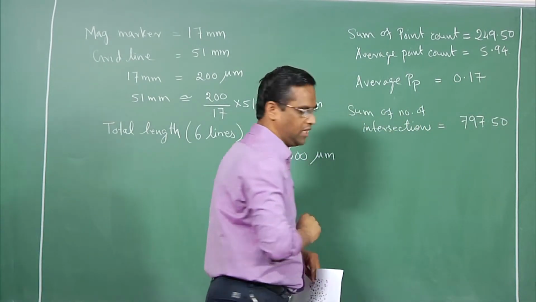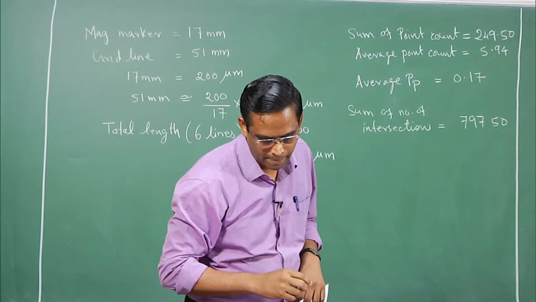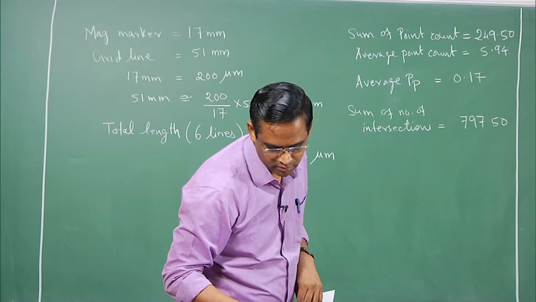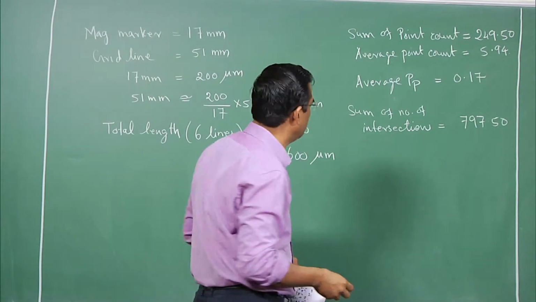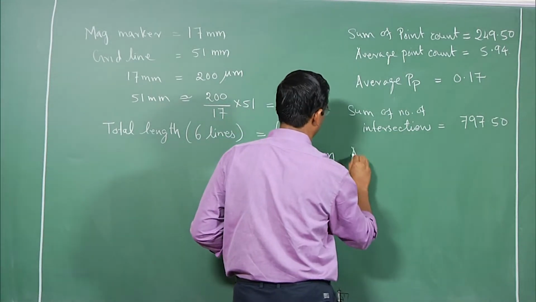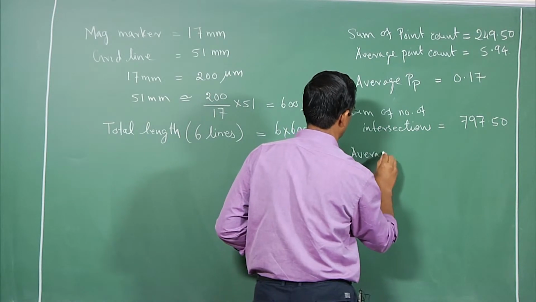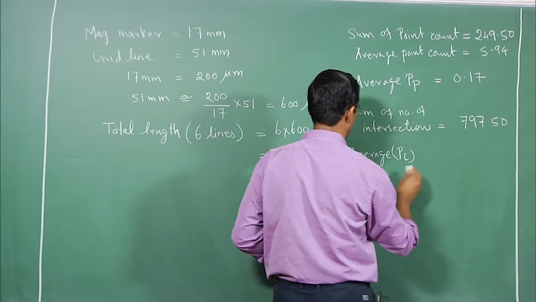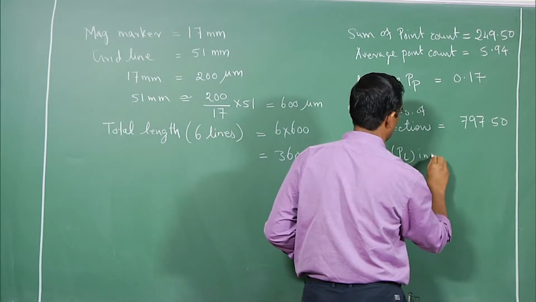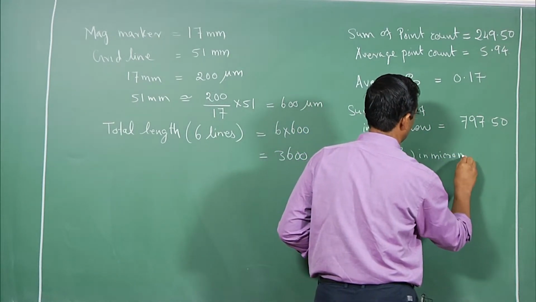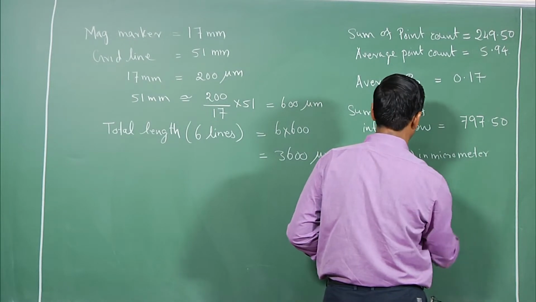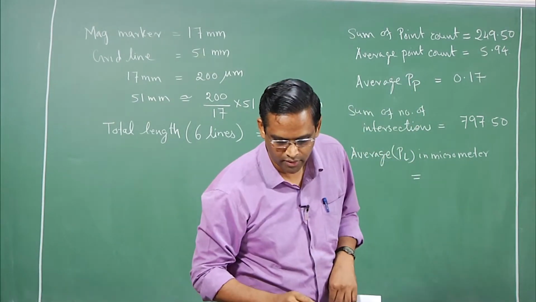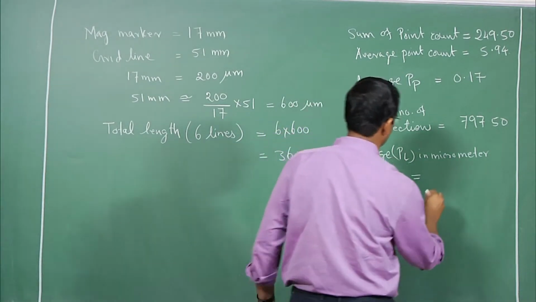And then you have the average PL in micrometer, which is what we have calculated as 0.01.